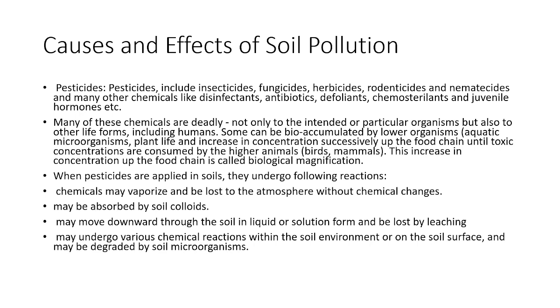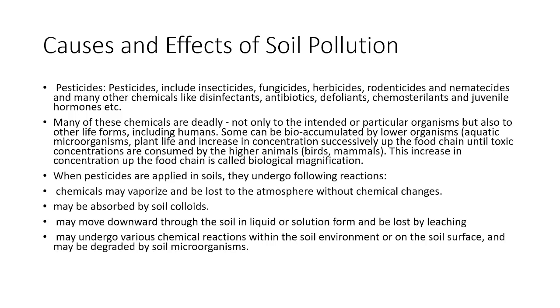And many other chemicals like disinfectants, antibiotics, defoliants, chemostimulants. That means to maintain the plant status, to keep the plant healthy, that is, to kill the microbes, to maintain immunity, to sterilize a particular area, and to give hormones. So all these pesticides and different chemicals are used.